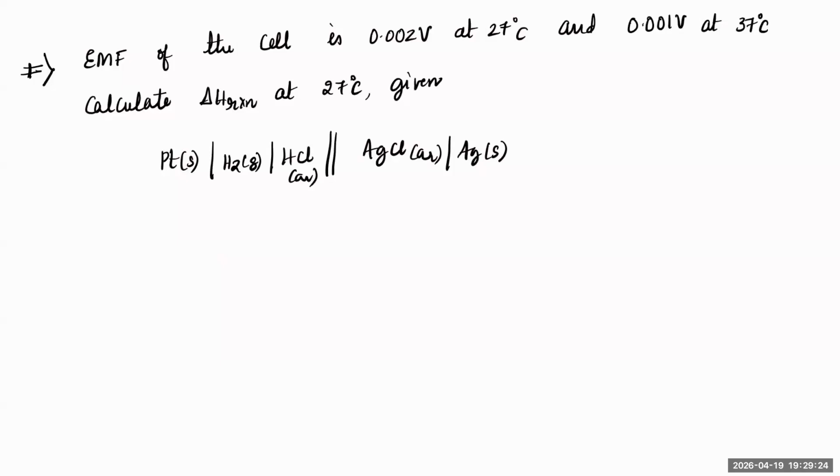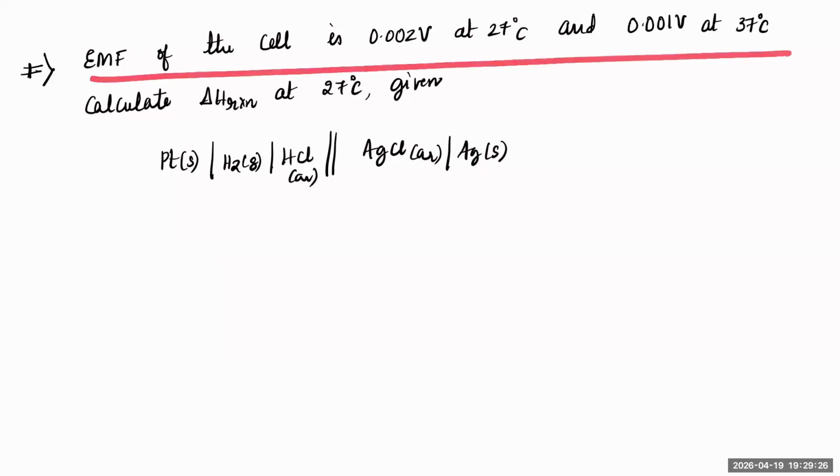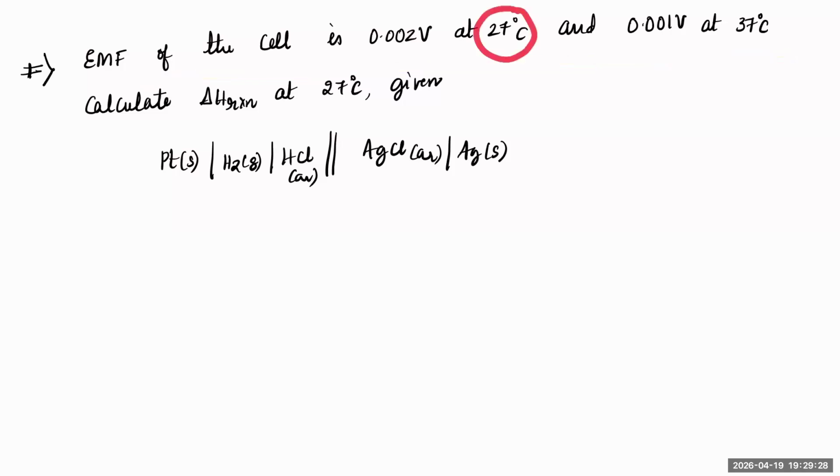EMF of the cell is given at 27 degrees and at 37 degrees. We need to figure out what is the delta H value at 27 degrees.